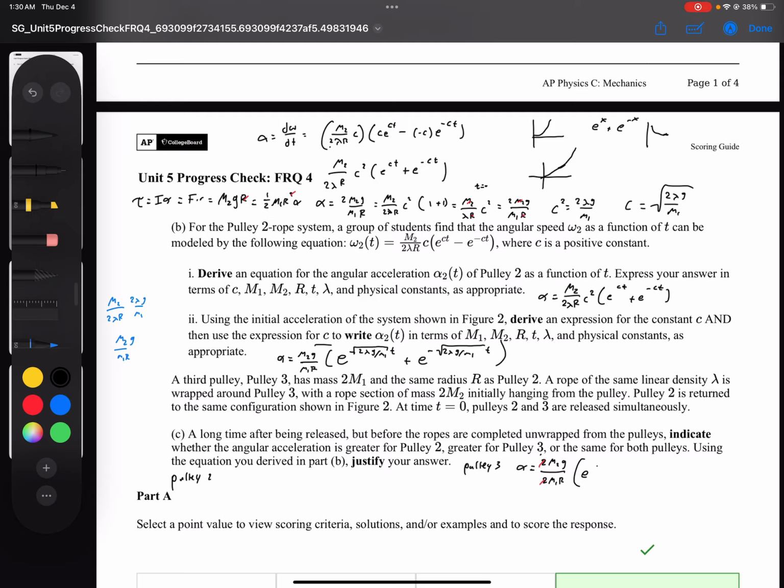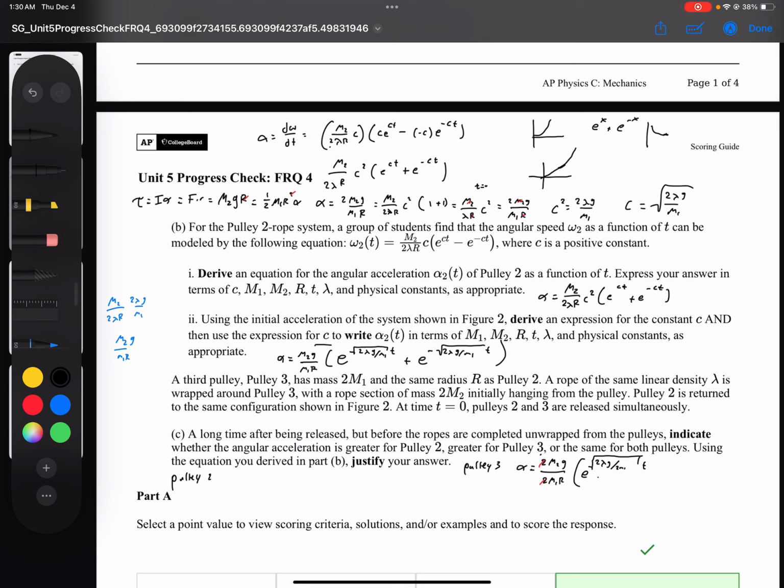They are going to be different. This has to do with the rate of change of the angular acceleration. And now I have the square root. The lambda stays the same linear density, same gravity, but now it's not divided by m1, it's divided by 2m1, times t.